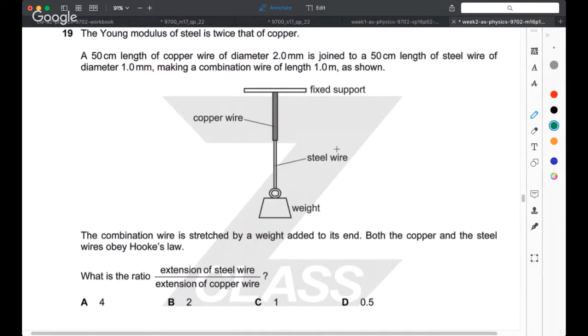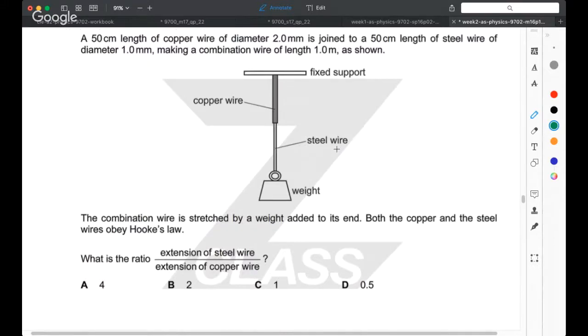How do you solve question 19? What's Hooke's law again?